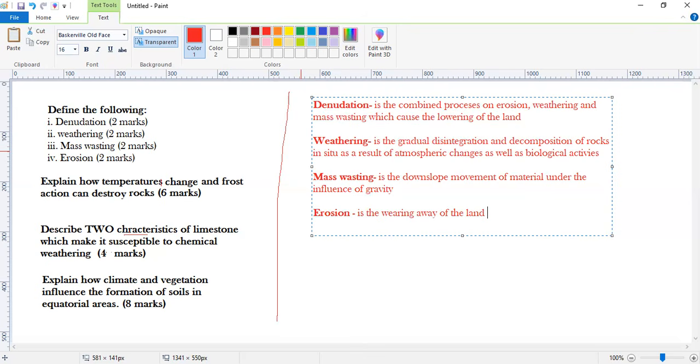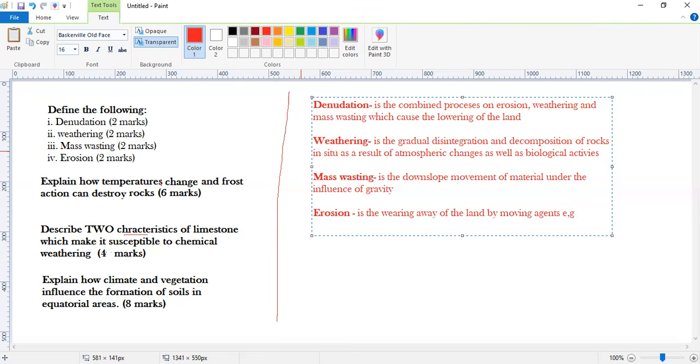All right, it is a wearing away of the land, and the agent is very important here in distinguishing it from other processes of denudation. It's the wearing away of the land by moving agents. And for this, you could actually give examples of the moving agents that you're talking about.